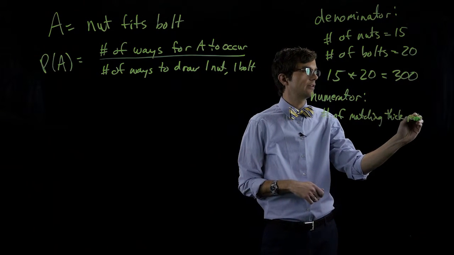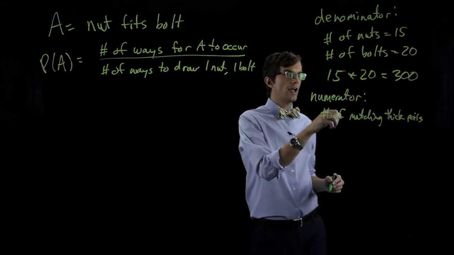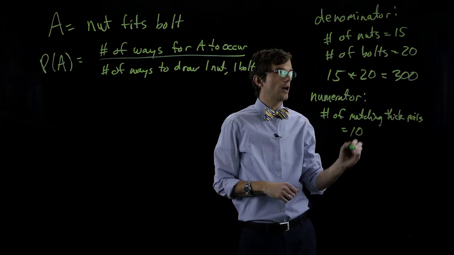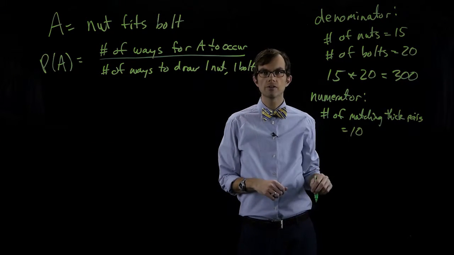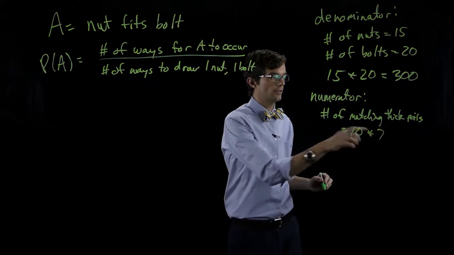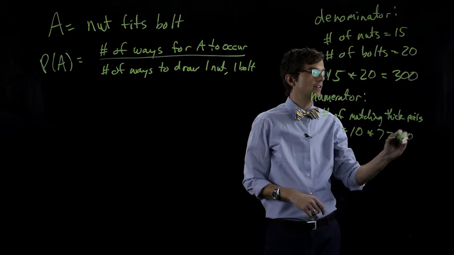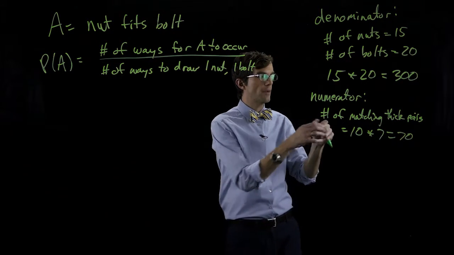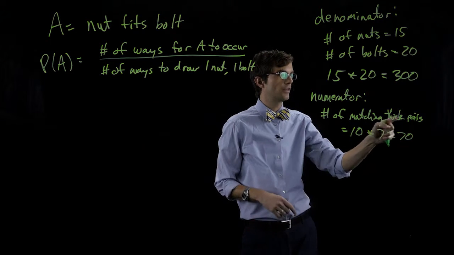Okay, so we've got a thick bolt and the nut that goes with that. Well, we said that there were 10 bolts that fit this description and 7 nuts that fit that description. That would be 70 different matching pairs for a thick bolt.